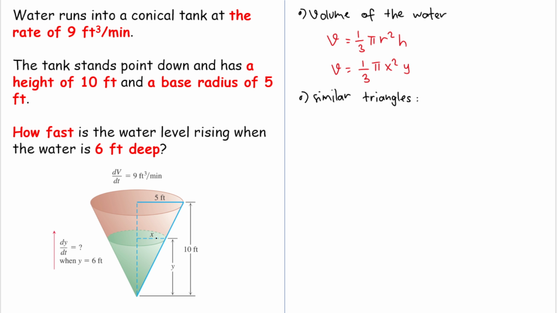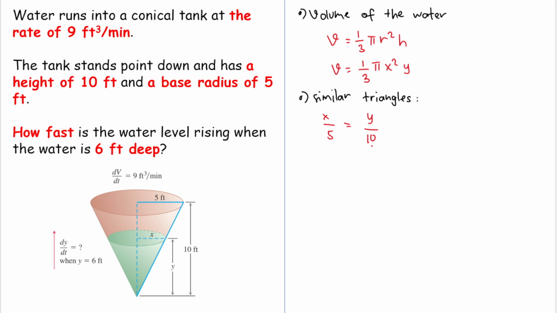So here the x, compared to this side, I have x divided by 5, that will equal this side here, so y divided by all of this, the height of the tank. So I will have 10 like this.